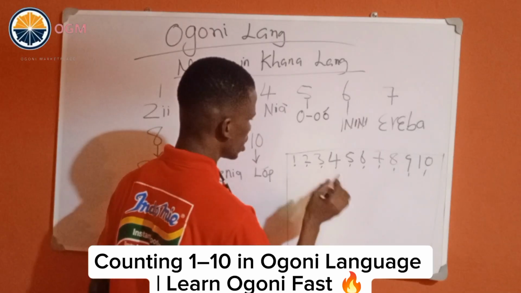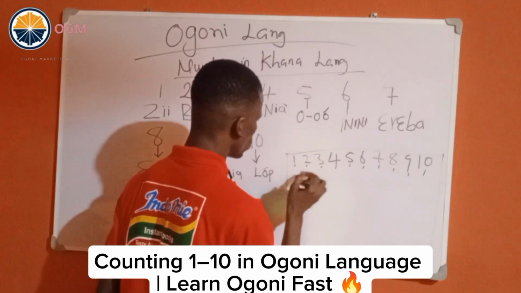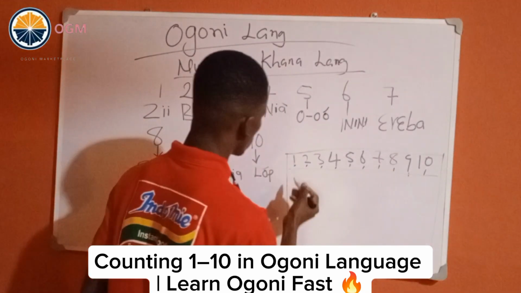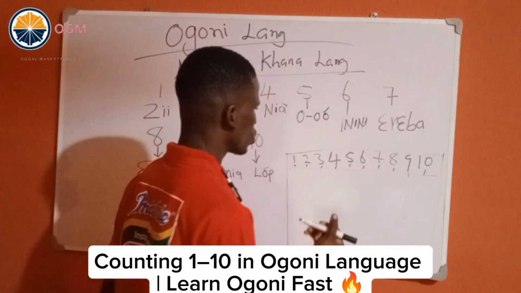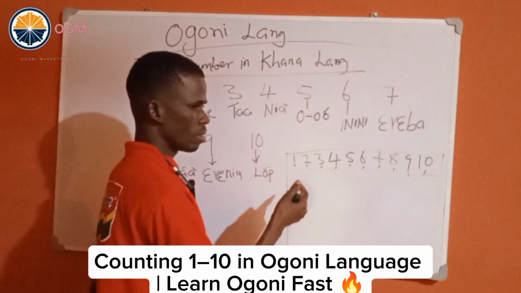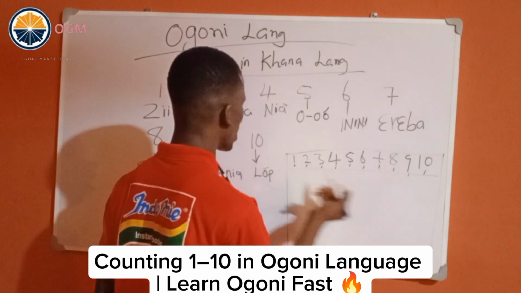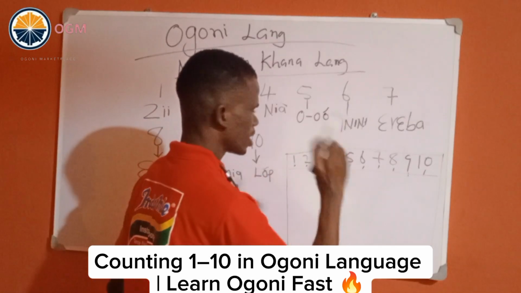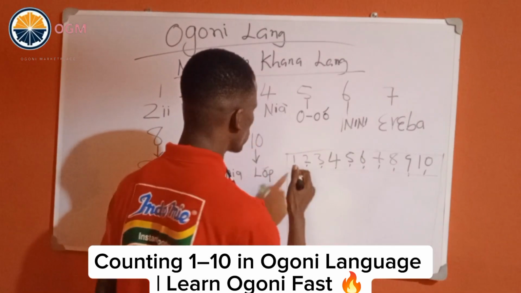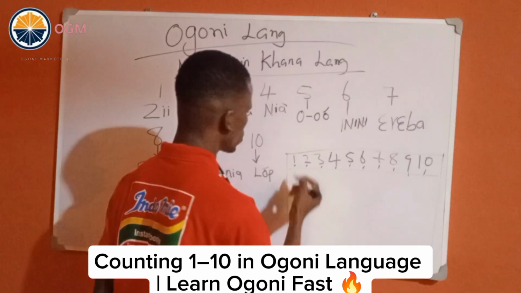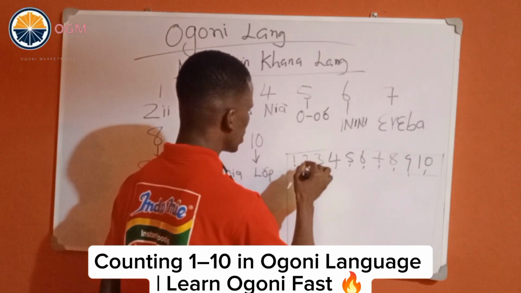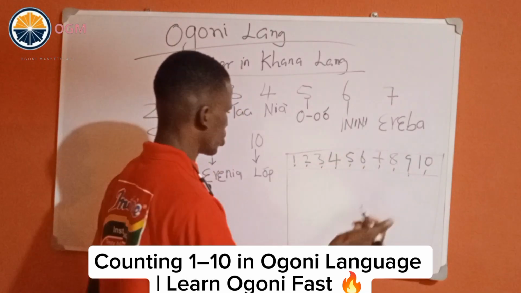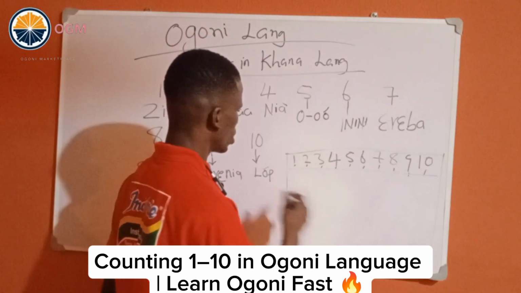So let's reconfigure this into counting items. If I ask you to bring 1 apple, in Ogoni you can say suzinka apple. For instance, you can say bring 1 ball for me, bring 1 granite for me.